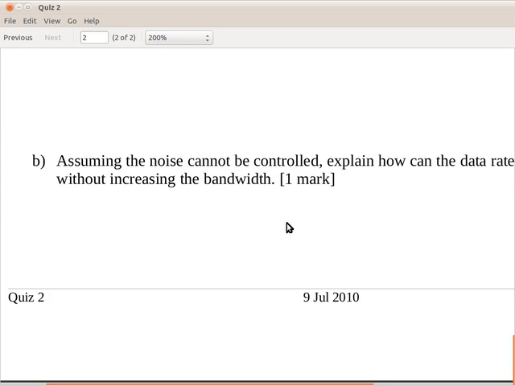What do we do to increase our data rate, assuming noise cannot be controlled? Sometimes noise in a channel we cannot control. Can't change the bandwidth. What do we do? Increase the signal. If we look at the equation, we can't change B. Let's say we have a channel with a fixed bandwidth.